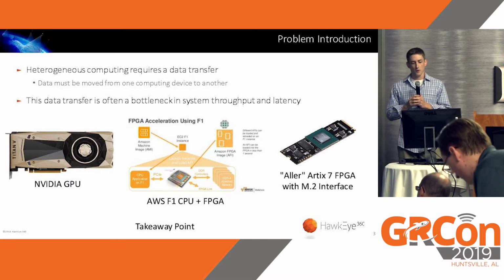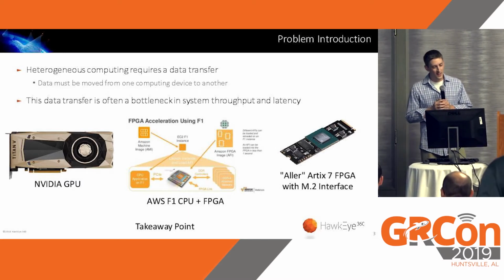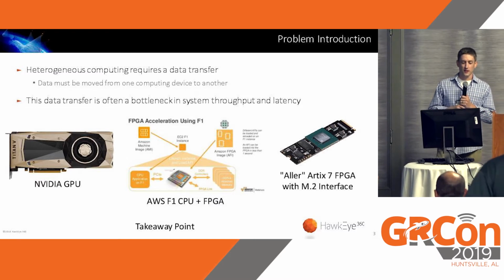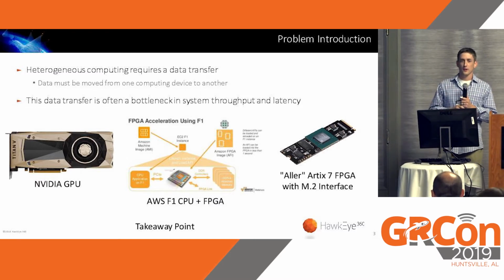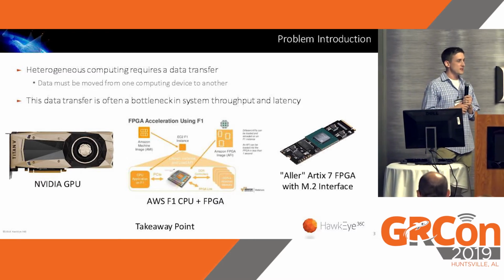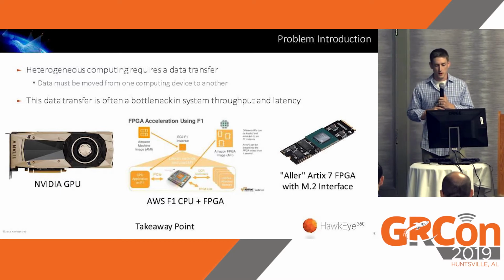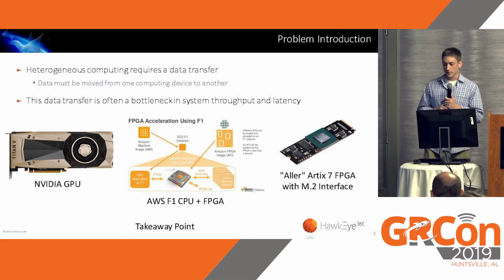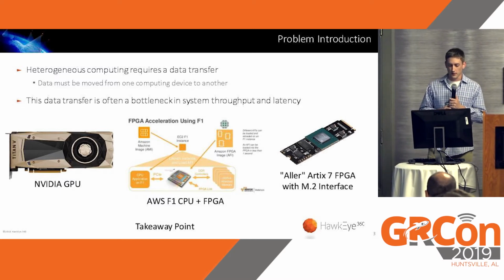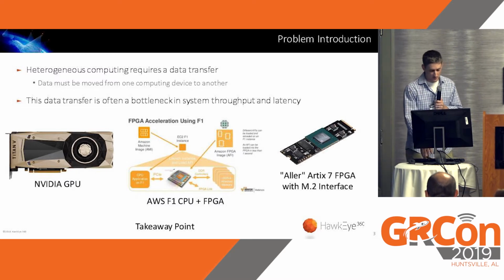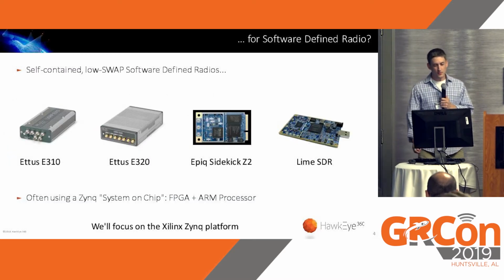There are a couple of examples here. With GPUs, you've got the AWS F1 instances, which have a big FPGA situated next to a processor over PCIe, and even a pretty cool example of an M.2 interface FPGA. And there you go, there's the takeaway point.